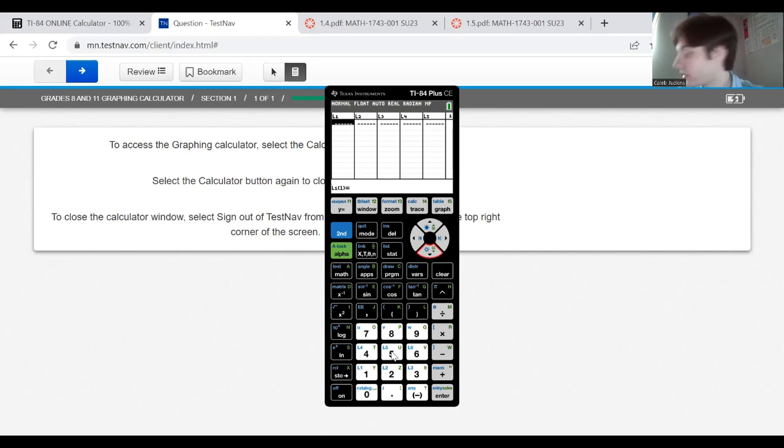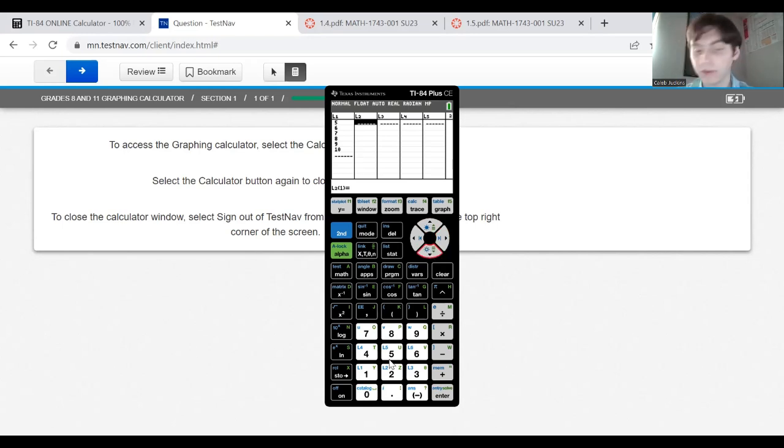So I'm going to plug in the X values, the inputs for that table that we had. And this was 5, 6, 7, 8, 9, and 10. And then we want to input the Y values in our second list.